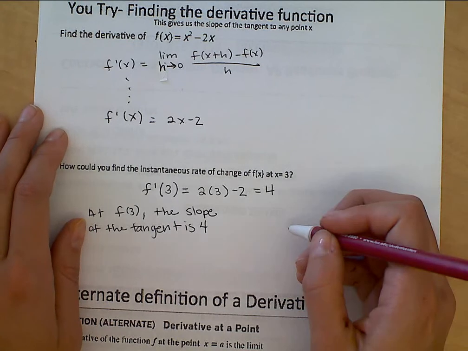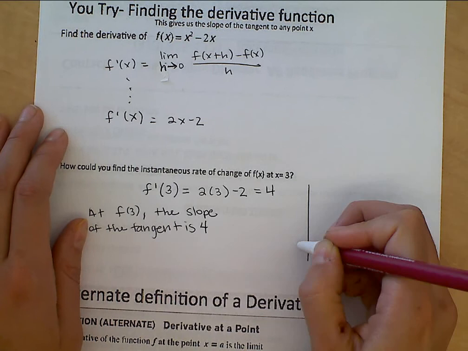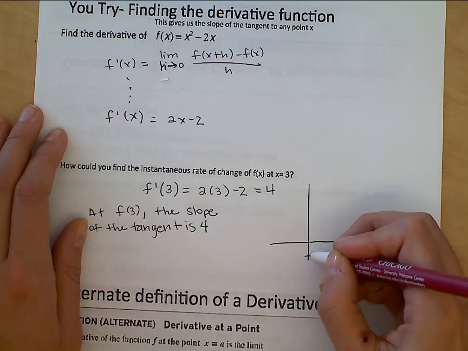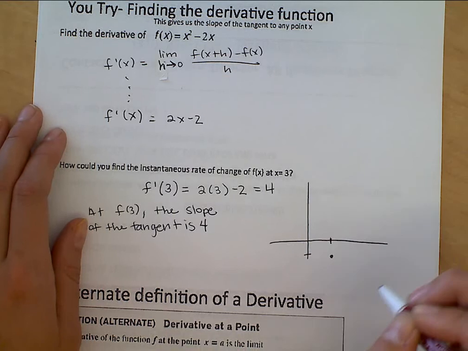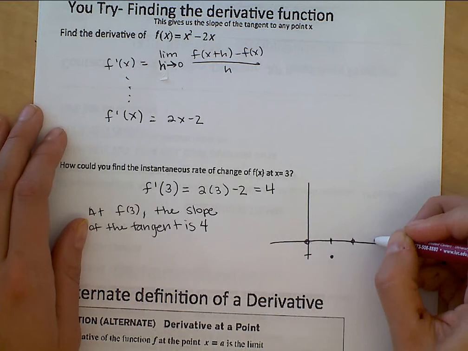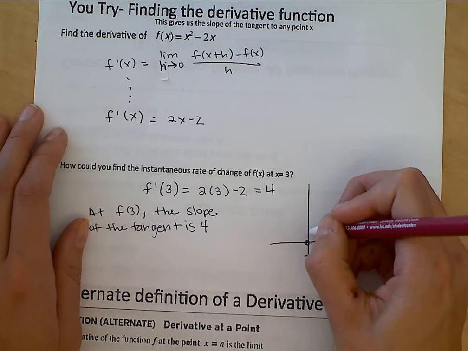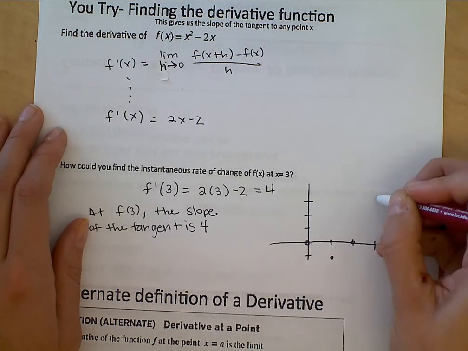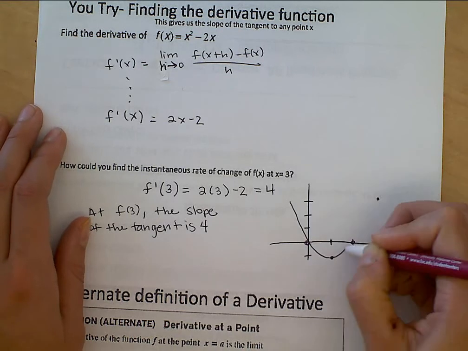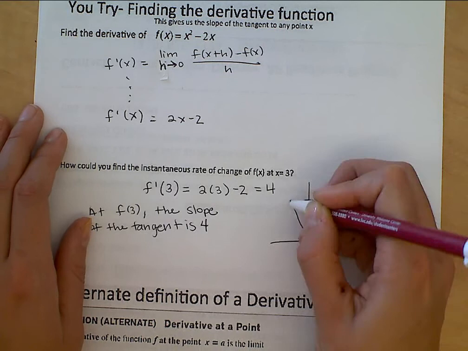Just because I always like to look at things graphically, we can draw a little picture of this. This parabola has a vertex at 1, 1. It intersects at 0 and 2, and then it has a point at 3, 3. There's the parabola.